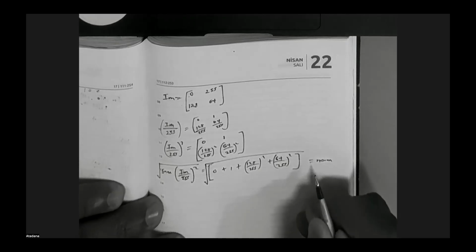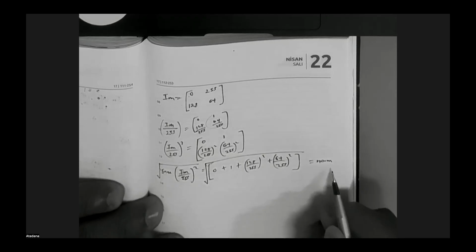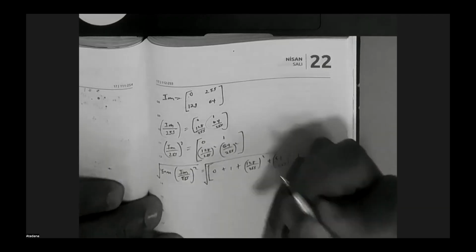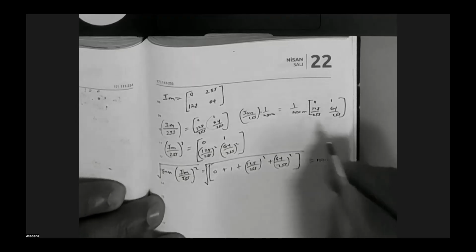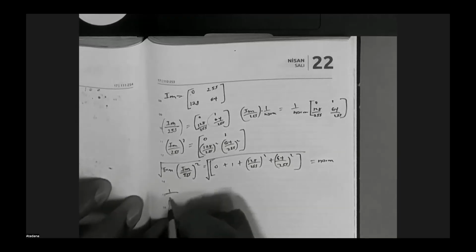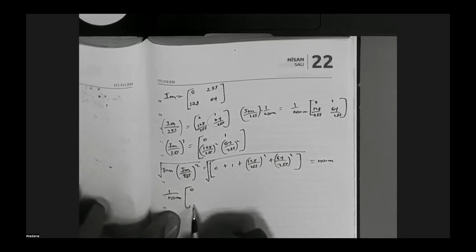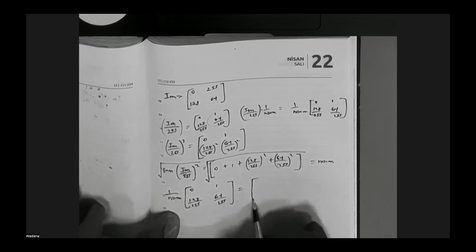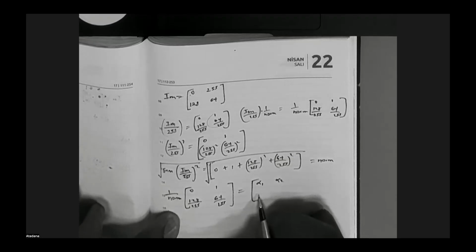So after finding this, then we divide this state, which is in a range between 0 and 1, by the norm. And by doing that, we get this particular notation here, 1 over the norm of 0, 1, 128 over 255, 64 over 255, which should match these values, alpha 1, alpha 2, alpha 3 and alpha 4.